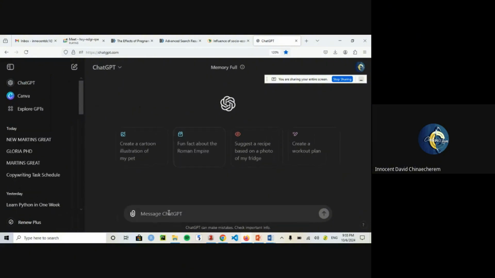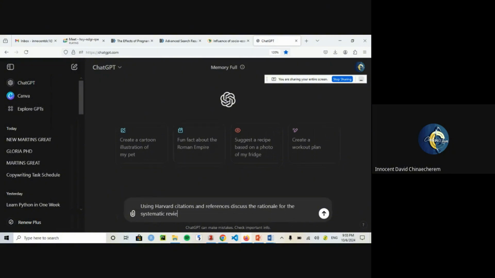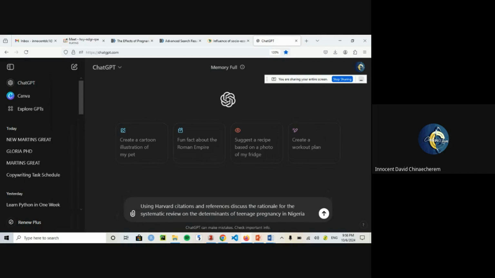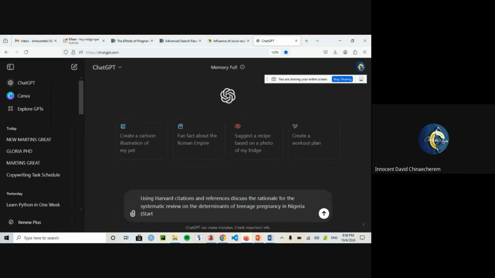Right? So I could just put this, I could say, discuss the, using our citation references, discuss the rationale for the... I'll now go by saying, so let's just show an example of what the text should be, right?